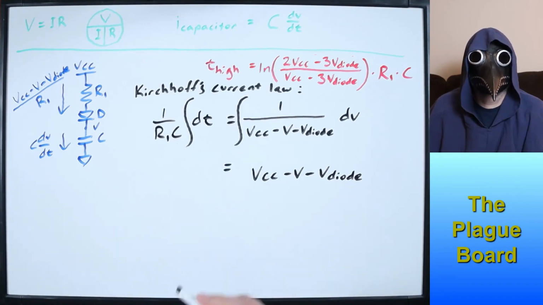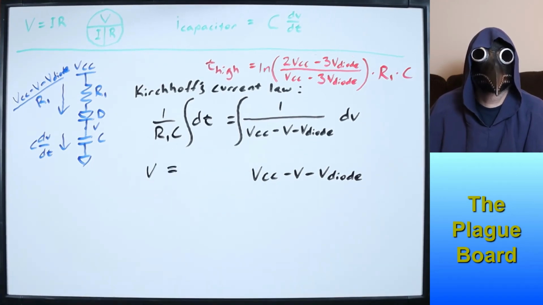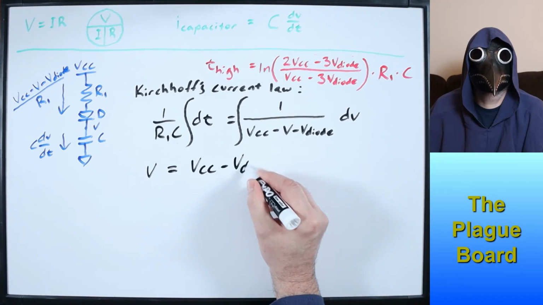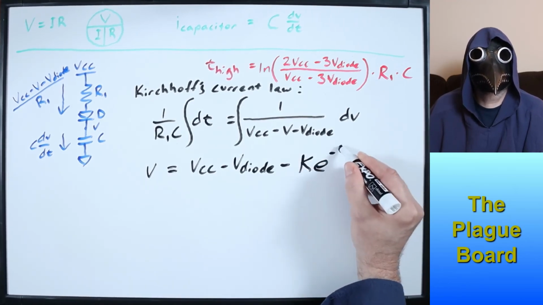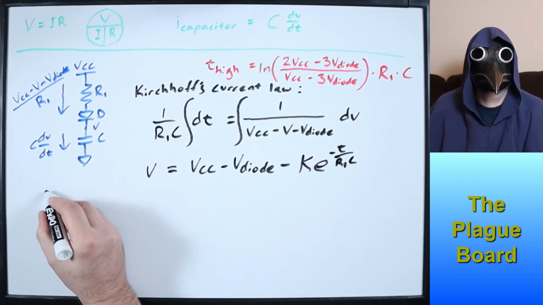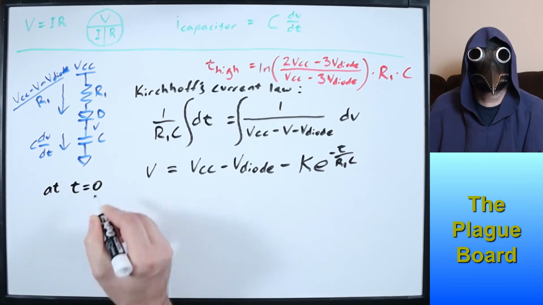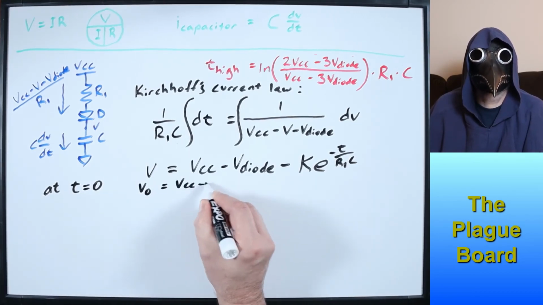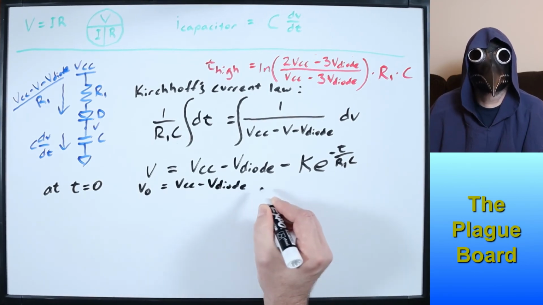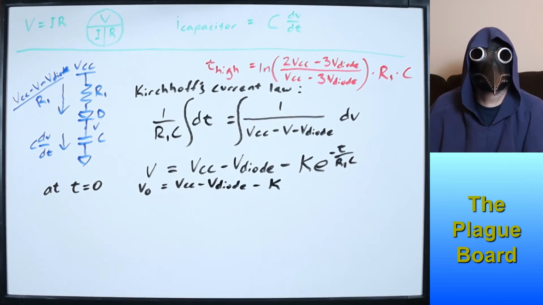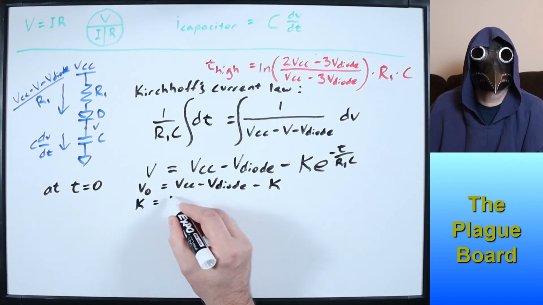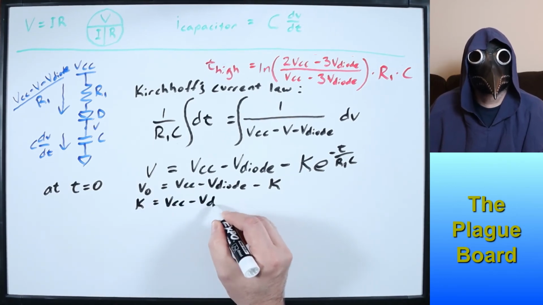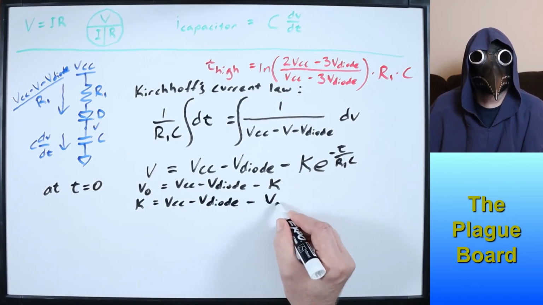Now, I'll add V to each side and at the same time subtract the K times e from each side. At t equals 0, the e turns into 1, and we get the initial voltage equal to VCC minus the diode voltage minus K. And K becomes VCC minus the diode voltage minus the initial voltage.